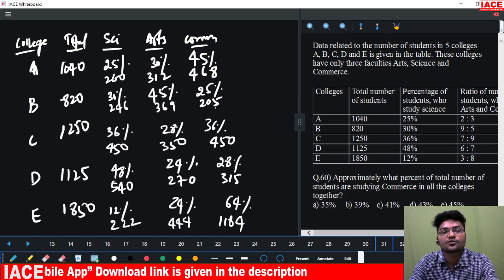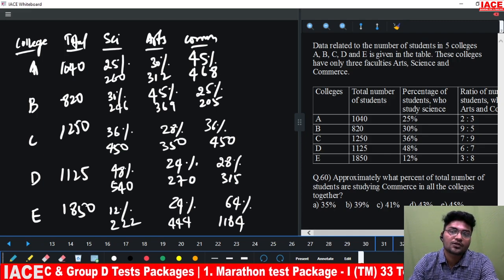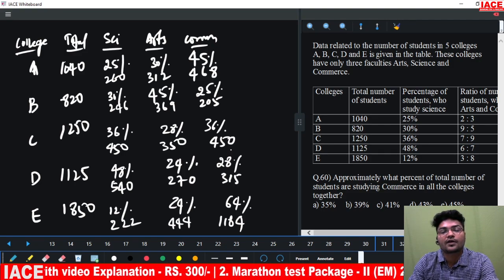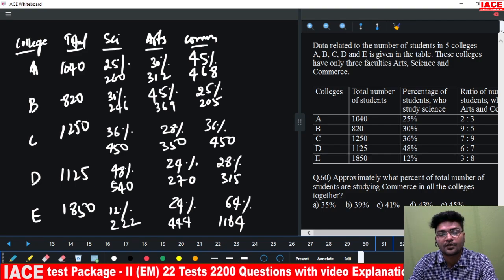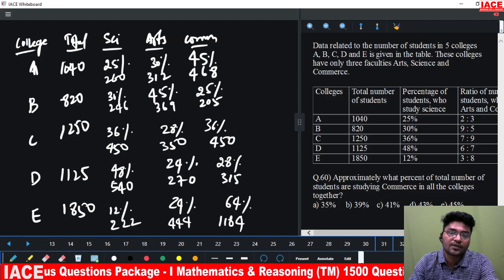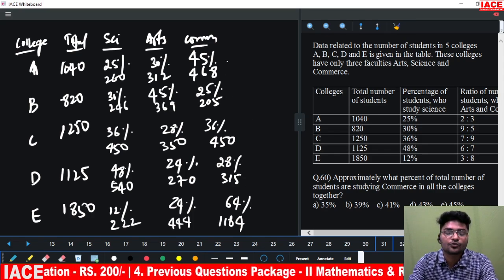So 400 plus 200 is 600, 600 plus 400 is 1000, 1300, and 1100 gives 2400. Then 2510, 2520, 2600, 2610 and 14. So 2624.